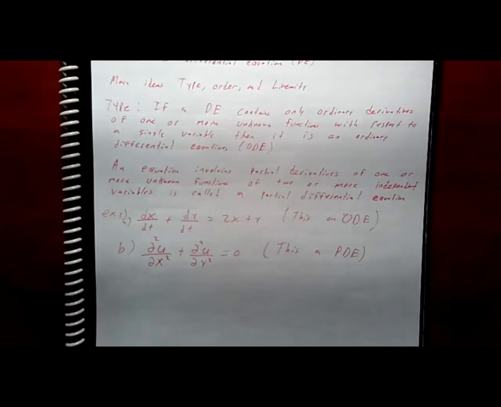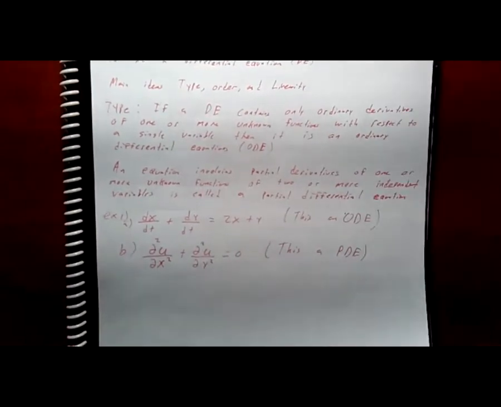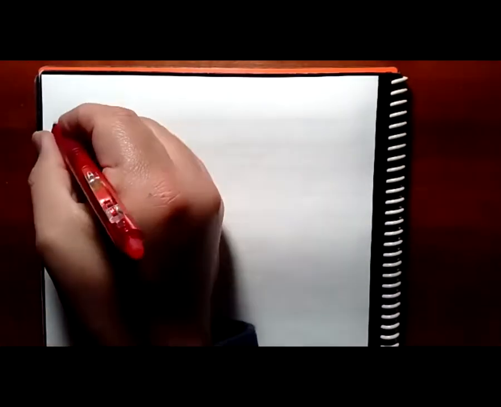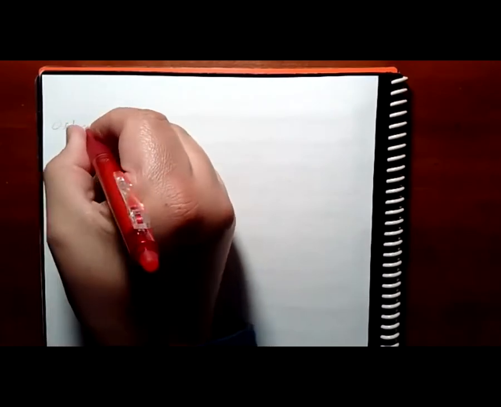All right, let's move on to order then. Order is the easiest one to tell, in my opinion. You just look at the number, really, the highest derivative. Let's be official about it. Make sure everything is legit. So order. All right.